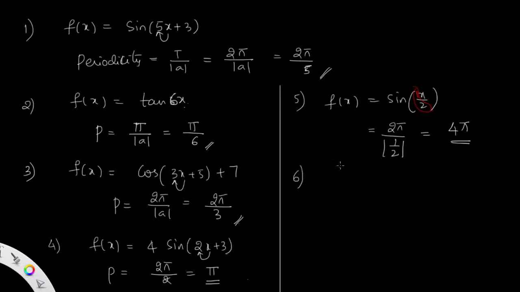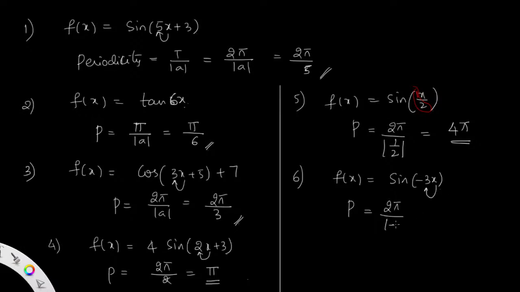Next, the sixth one: f of x equals sine of minus 3x. The formula is periodicity equals 2 pi by mod a, since the sin x graph has period 2 pi, where a is the x coefficient.